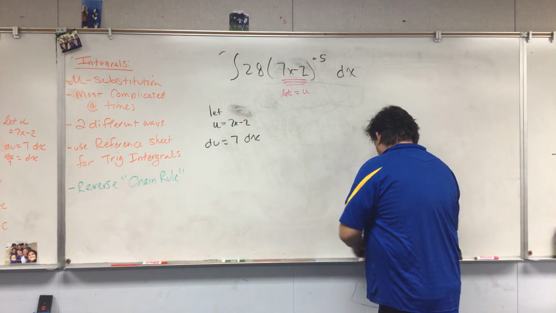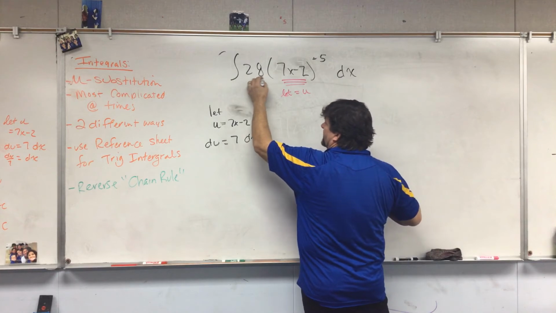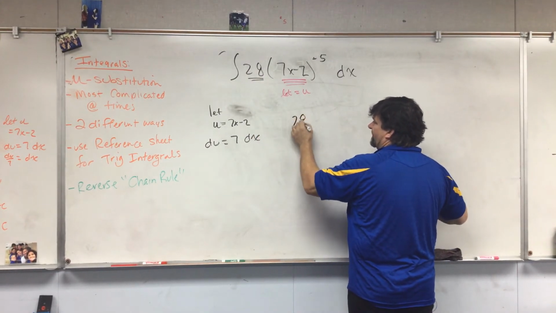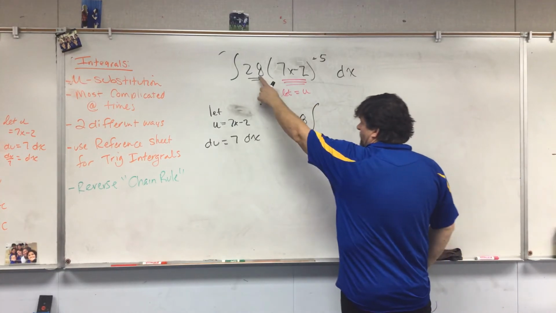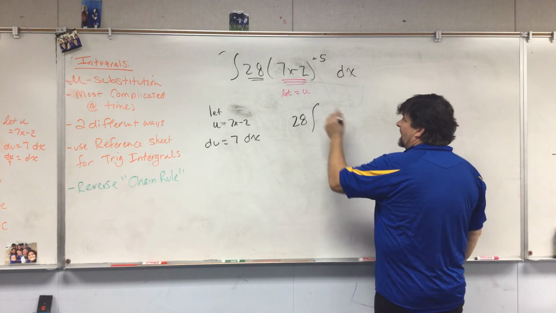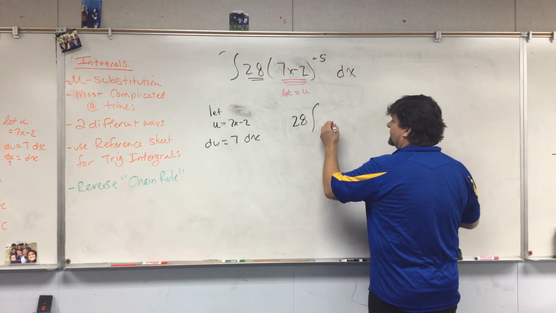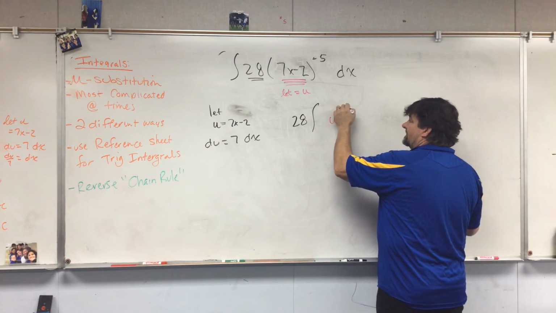Okay? So, let's rearrange this. We're going to take this constant, and we can leave it there if you want. I'll just move it out front. It's easier to move them out front. We've got that piece. Because we're trying to figure out, remember, where this came from. And then this is now u. So this becomes u to the -5th.